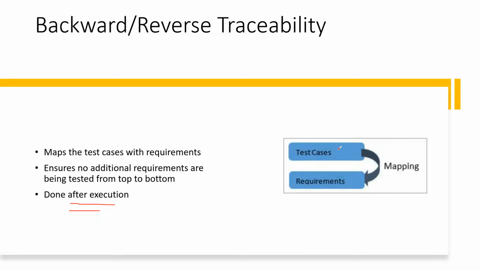If we have any extra test cases, or if a requirement is removed as a change, we can ensure that the test case is removed too, because the requirement is removed. For that we do reverse traceability, and as I said, it is done after execution. Understood?